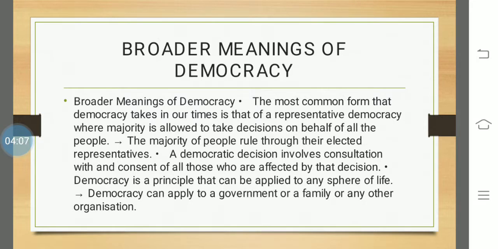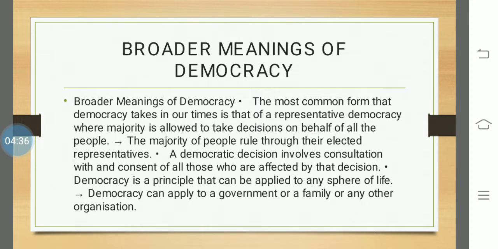For this entire population or this huge mass of people together sitting and coming to a decision, it's really impossible. That is why we are choosing representatives to represent a particular group. From a group or a particular region, a representative will go and he will take decisions on behalf of the region. Okay, I hope this is clear.